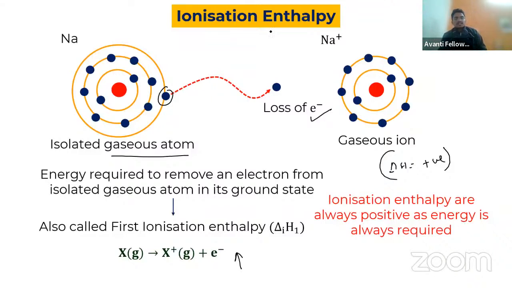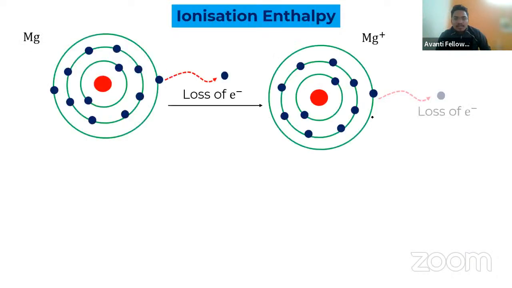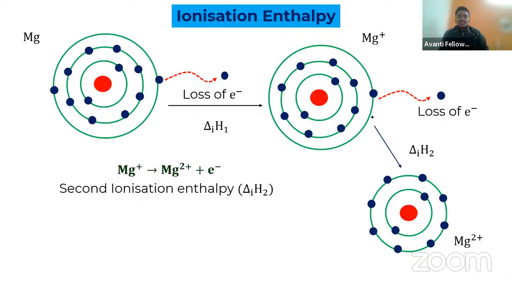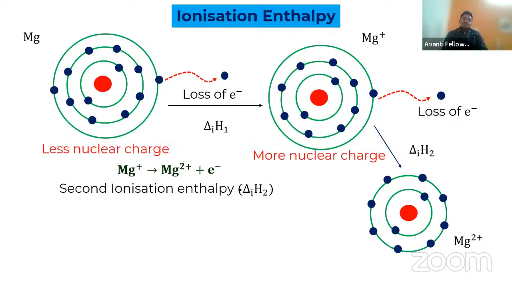So ionization enthalpy is simply the minimum amount of energy required to remove an electron from an isolated gaseous atom. Very most important, ionization enthalpy is always positive as energy is required. Next, if you are removing two electrons, the first is called IE1, and the second is IE2. If you are removing an electron from Mg+, that is IE2.